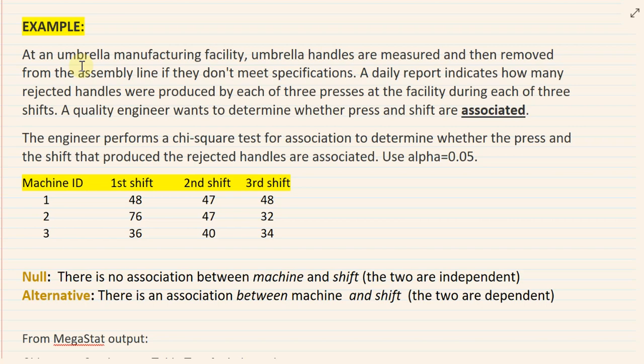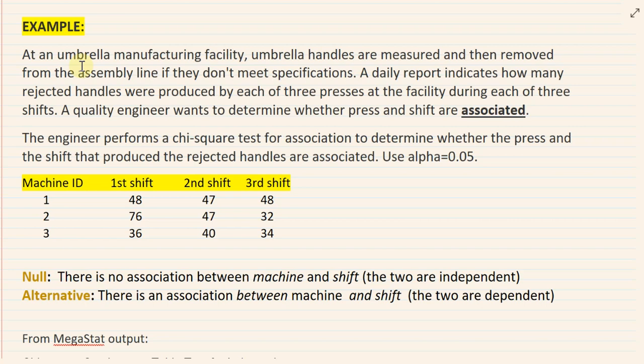A daily report indicates how many rejected handles were produced by each of 3 presses. These are press machines at the facility during each of 3 shifts. So we've got 3 machines and there are 3 production shifts. A quality engineer wants to determine whether press and shift are associated.